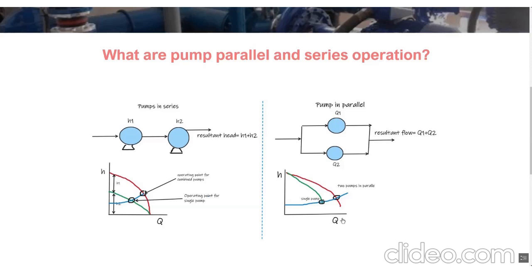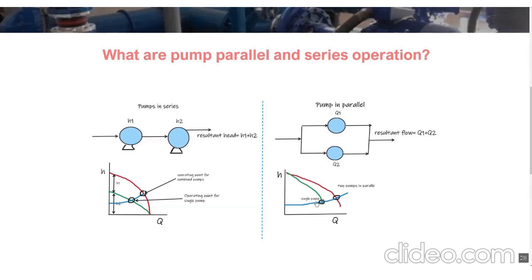The same thing we can see on the head characteristic curve. Again, the green line shows the curve for the single pump, and the red curve shows the head characteristic for two pumps.